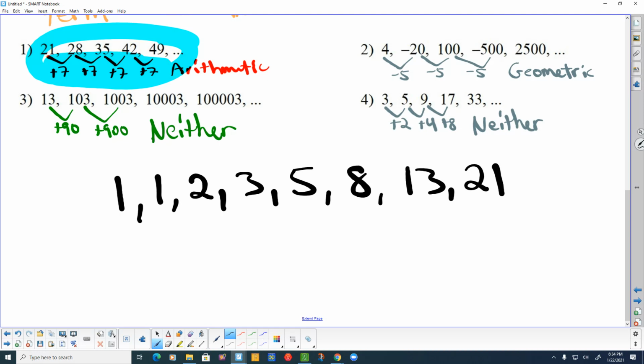This sequence is found in nature. Just so you know, it's a real sequence. It's famous, discovered by, I might be spelling his name wrong, Fibonacci. I can't remember if it's 2 B's, 2 N's, 2 C's. It's somewhere in there. But I know how to say his name, Fibonacci. The sequence is named after him.